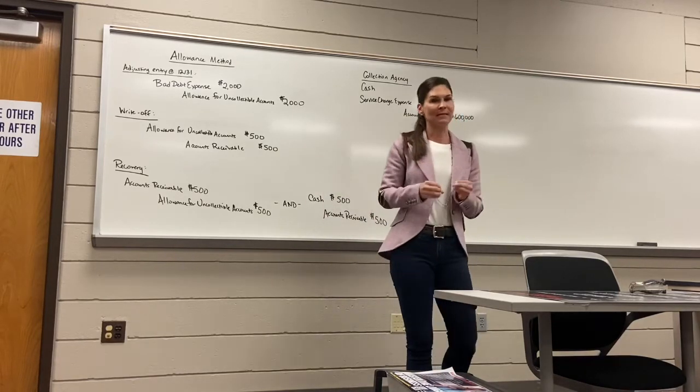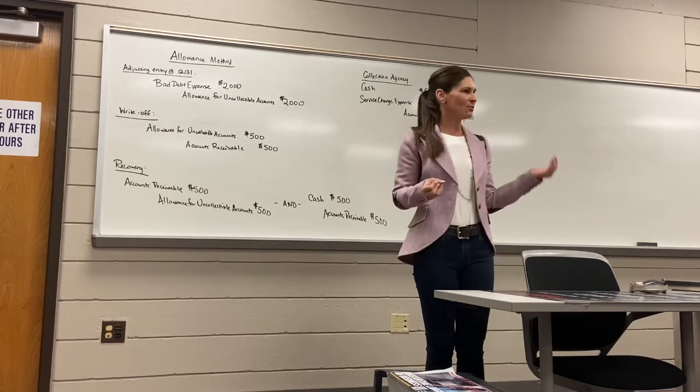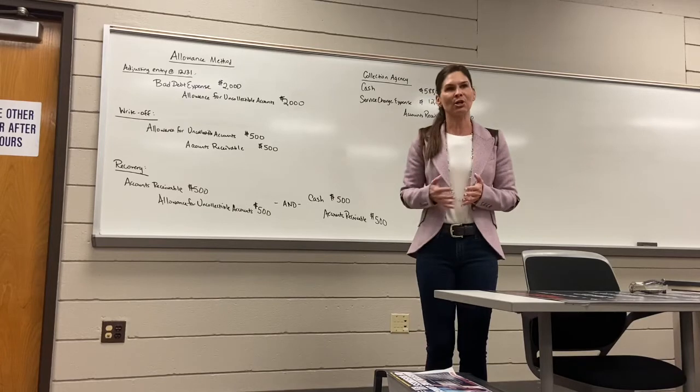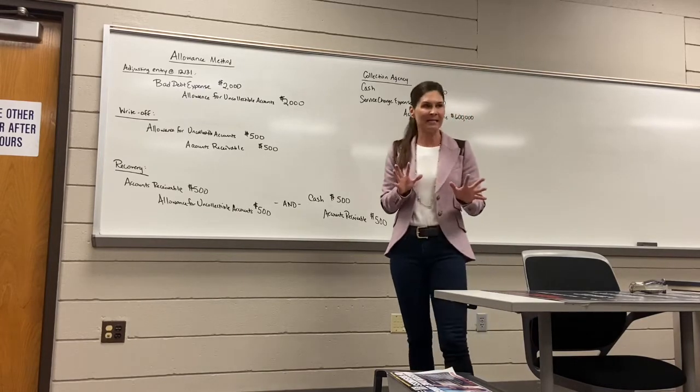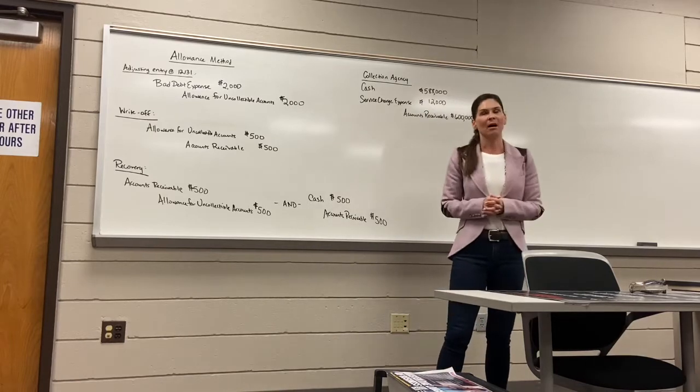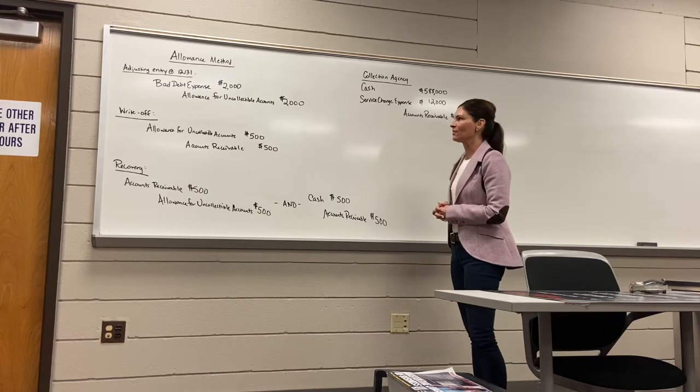The allowance method says at the end of every year, we're going to do an adjusting journal entry. Back in chapter 3, we learned adjusting journal entries, and we didn't talk about this one because it's a little bit more advanced, but now we're ready for it. Obviously, we've covered a lot of topics since then, so hopefully this won't be too confusing.